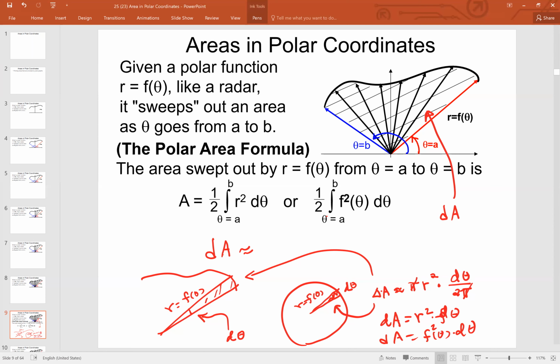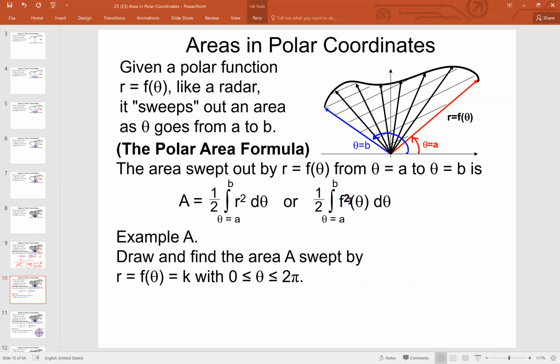So this is where we get these two integrals from, from that approximation of slivers of a circle.